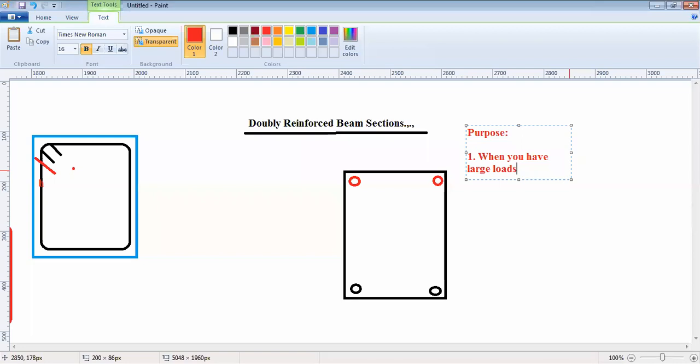So the section will keep on increasing in size. You may not be able to increase the section in size, so we provide a doubly reinforced section there.